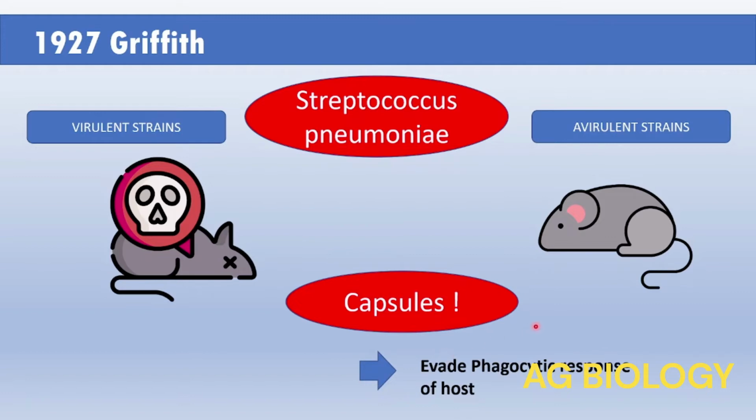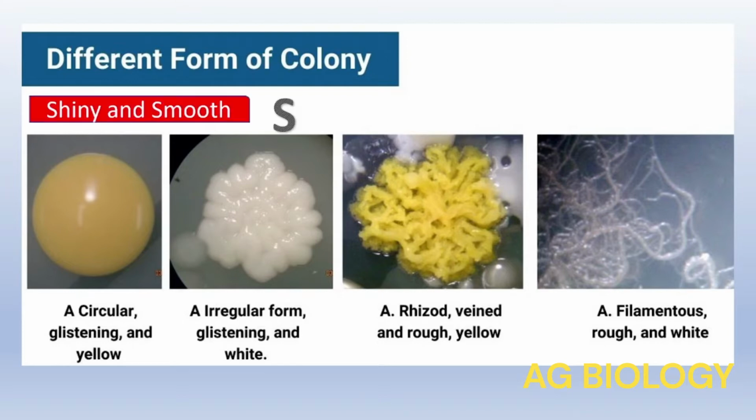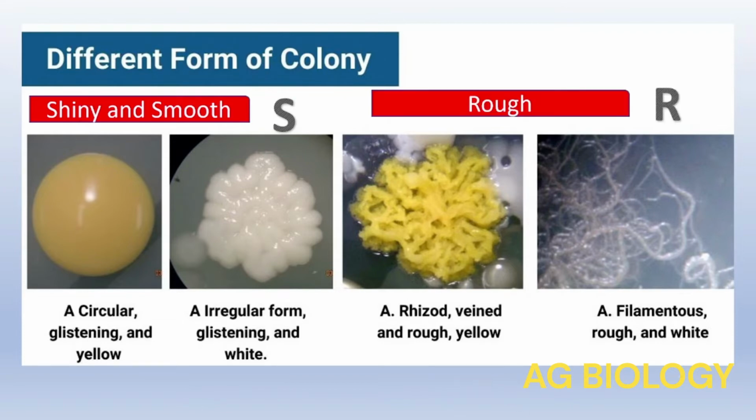How do we distinguish between the presence or absence of a capsule? There is a visible difference in colony morphology of virulent and avirulent strains when grown on a solid agar plate. Encapsulated virulent strains form smooth and shiny colonies, or S colonies, whereas non-encapsulated avirulent strains produce rough colonies, or R colonies.